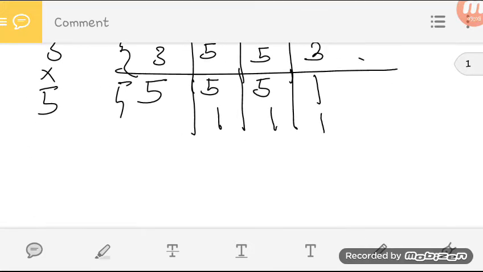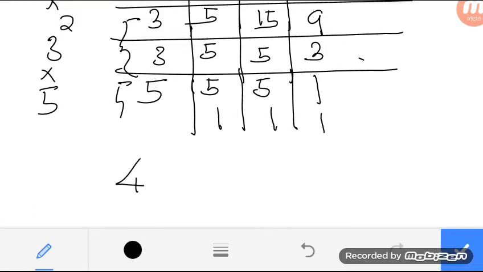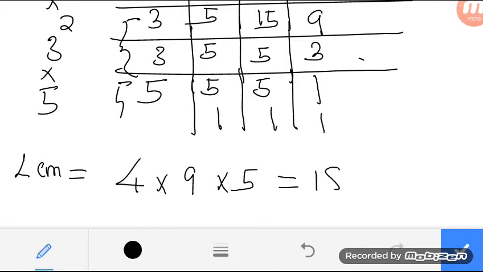This is the lowest common multiple, and the answer is equal to 180.